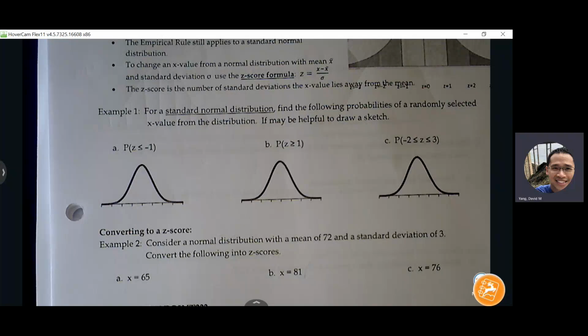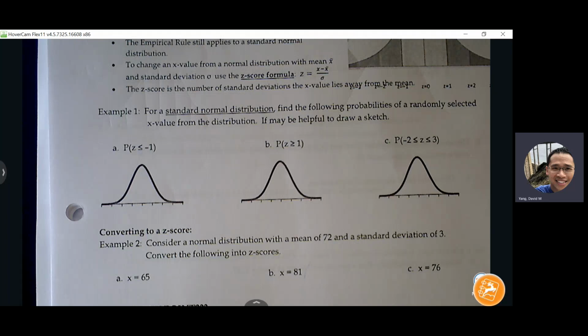Okay, any questions on 17, 18, 19? So what we're going to talk about, I know we're working a little bit ahead, is, what if it's asking for a probability of something that doesn't land on one of the standard deviations? What if it's asking for 9.2 or 10.5 or 14?